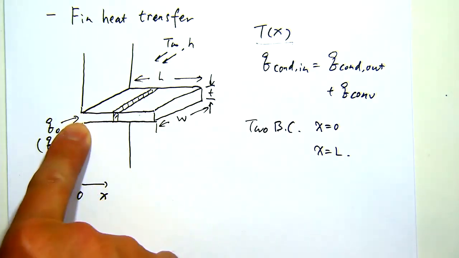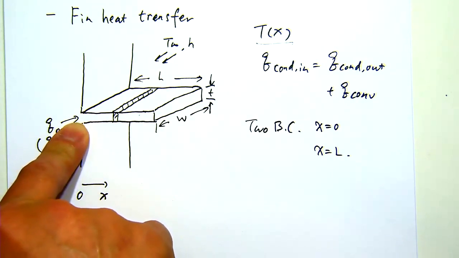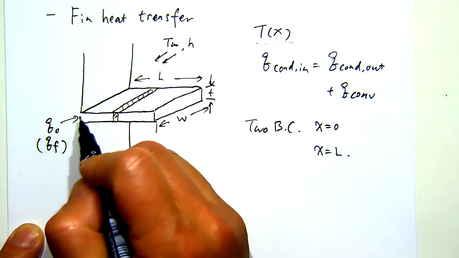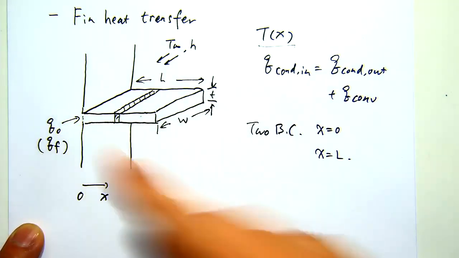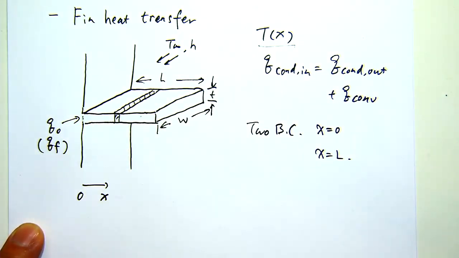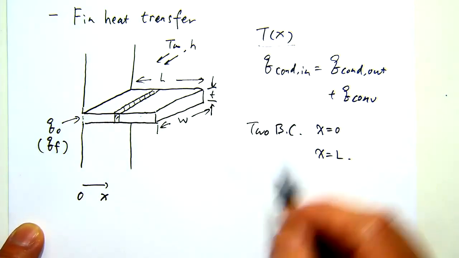At the base, you have only conduction coming from the base there, right? The base has no exposed surface area if you have a fin. So in that case, you just apply Fourier's law.